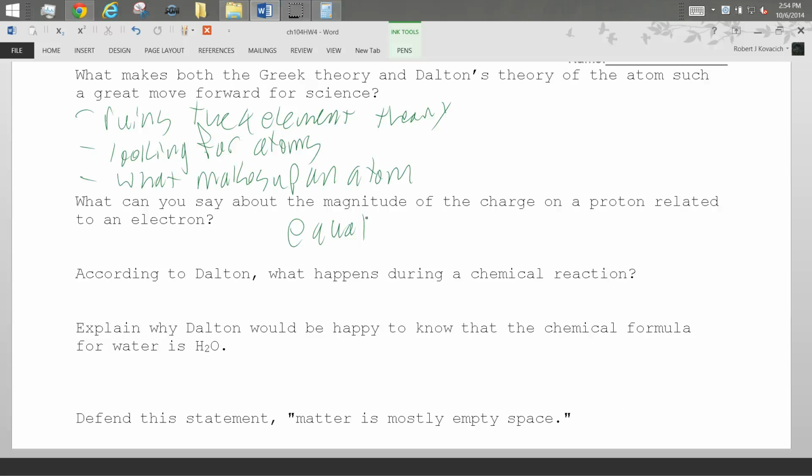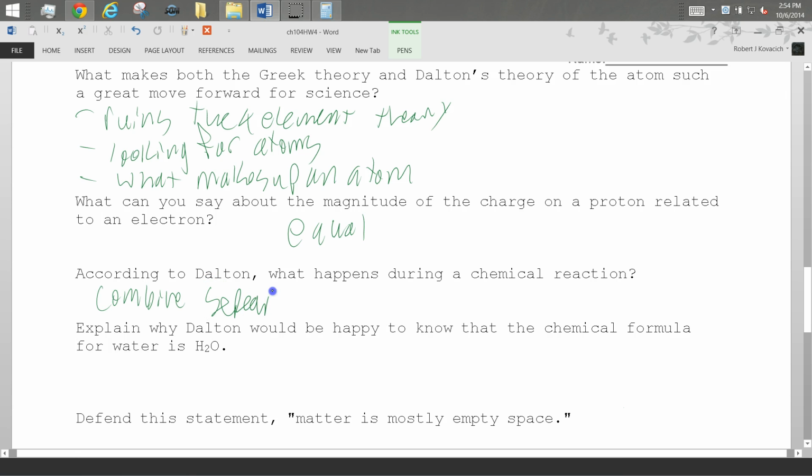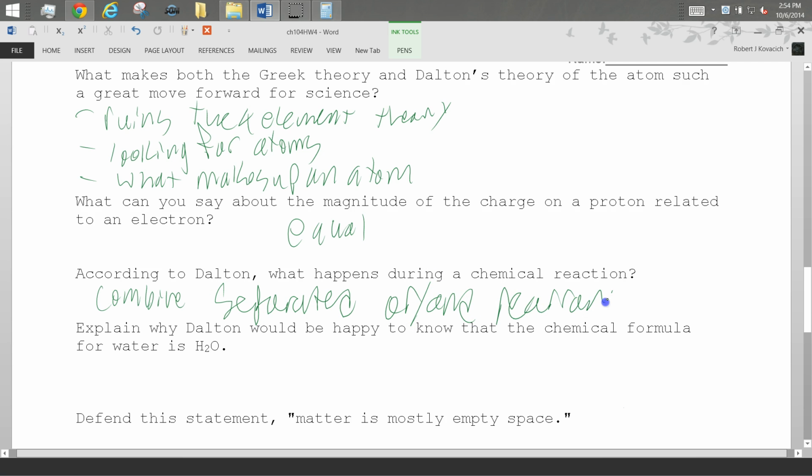So Dalton, what's Dalton's theory about what happens during a chemical reaction? Think about Legos. You can make as many things as you want with Legos because nothing happens to the Legos.